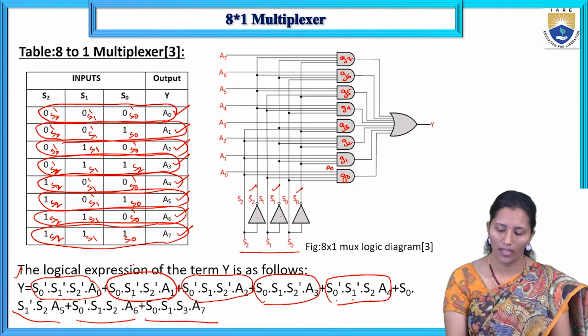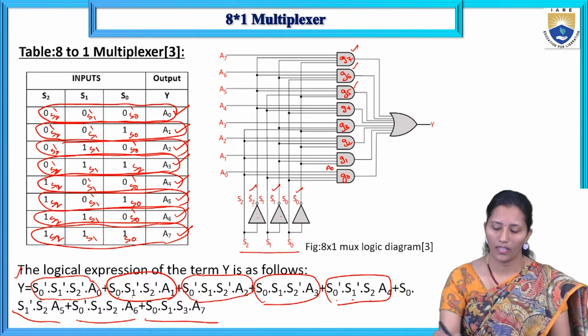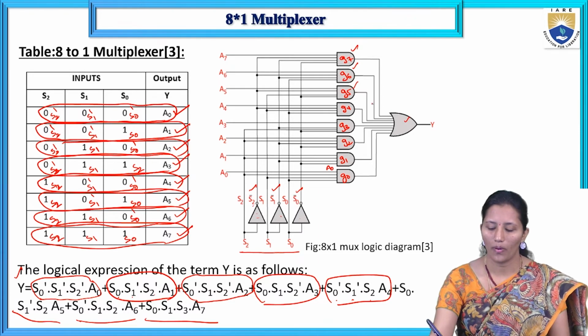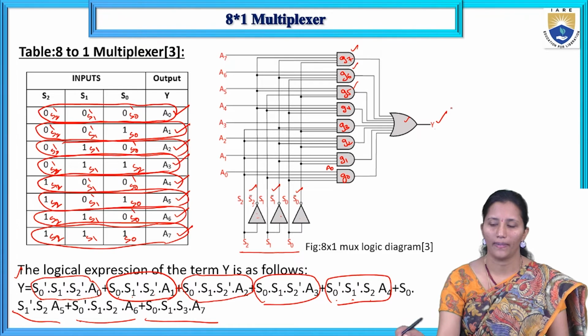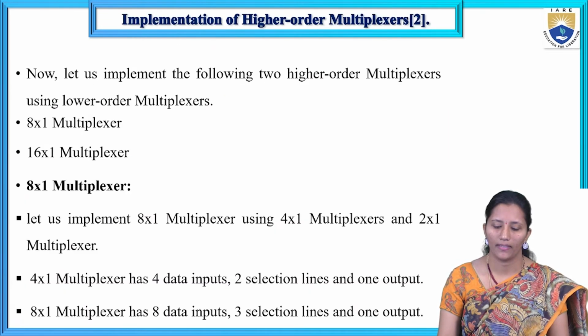Like that, each product term is given to an AND gate, and we add these product terms using an OR gate. The AND gate outputs are ORed and we get the output Y. So this is the logic diagram of the 8x1 multiplexer.